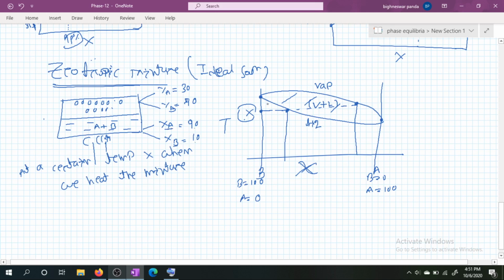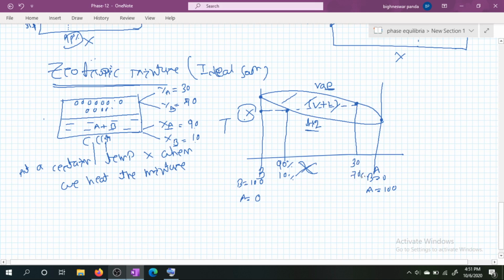Since this curve represents the liquid phase and this curve represents the vapor phase, the liquid phase has composition 90-10%. And for the vapor phase, it is found to be 30-70%.